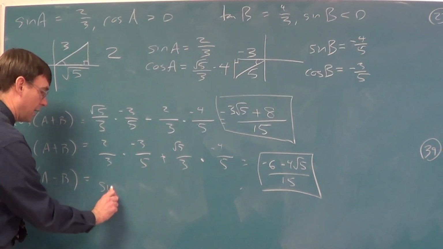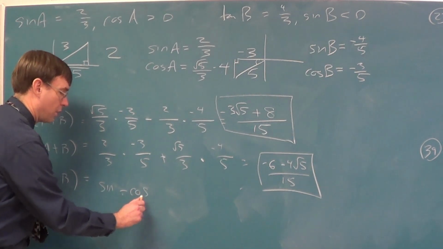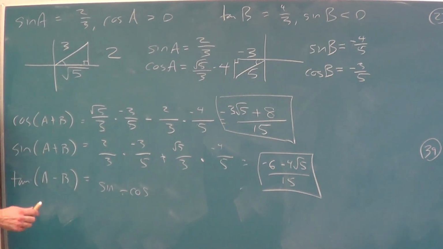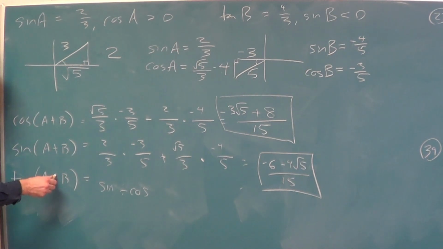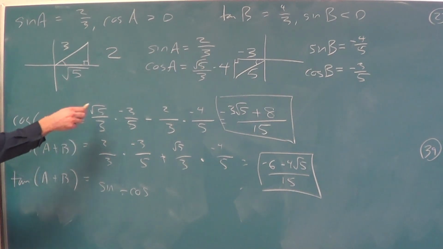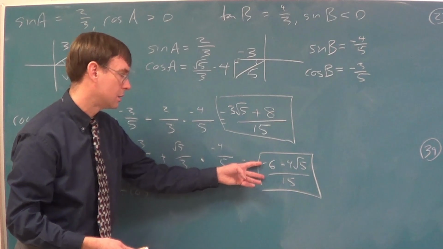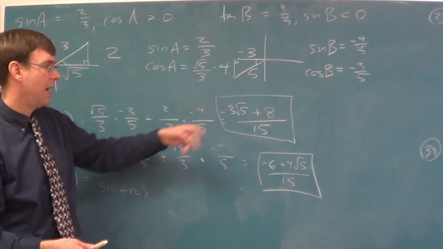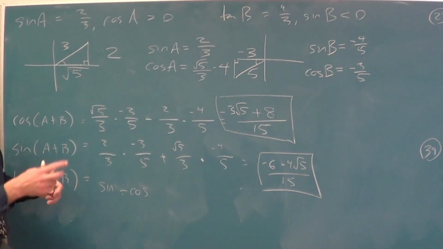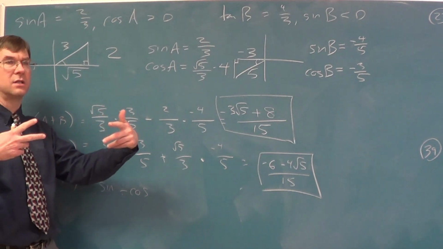Sine dividing cosine. If we're going to take sine stuff, divide by cosine stuff, we can make tan stuff. I'm going to skip the minus answer for a second and do the plus answer, because the plus answer is what I have showing. So if I take sine's answer that's in the box and divide by cosine's answer that's in the box, what happens when you divide fractions?